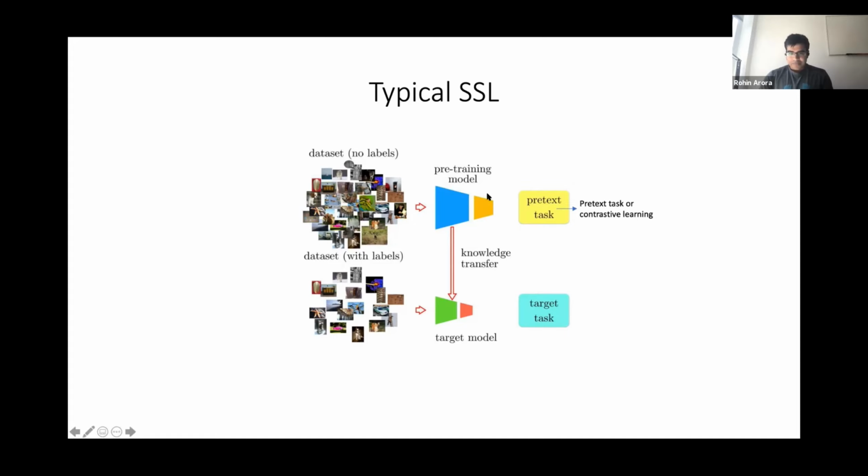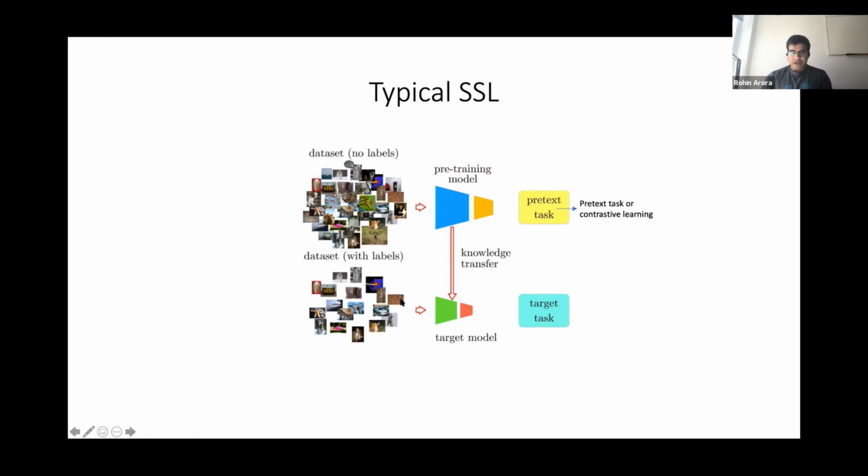The blue and the yellow part are two parts of the network. The blue part is generally the encoder, and the yellow part is generally some head you put on top of it. It is generally an MLP. Different papers have different implementations. Once you are done with training, you take your encoder part, the blue part, and then you transfer it for your actual downstream task.